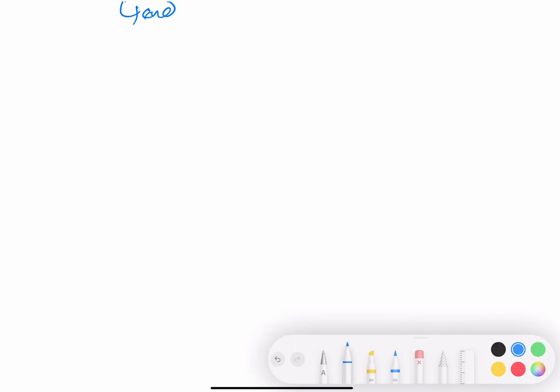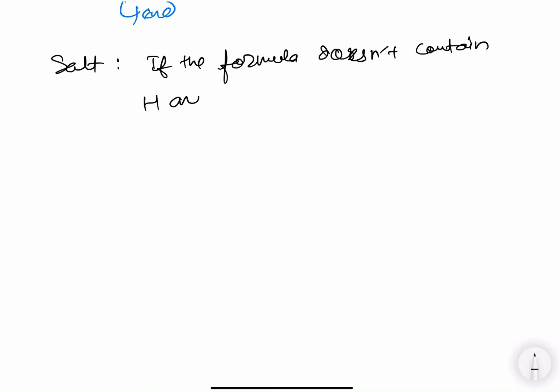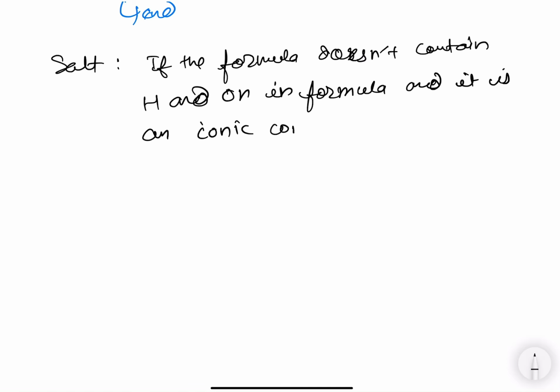Now coming to the salt part. So what is salt? If the formula doesn't contain H and OH and it is an ionic compound, just keep in mind that it is a salt.